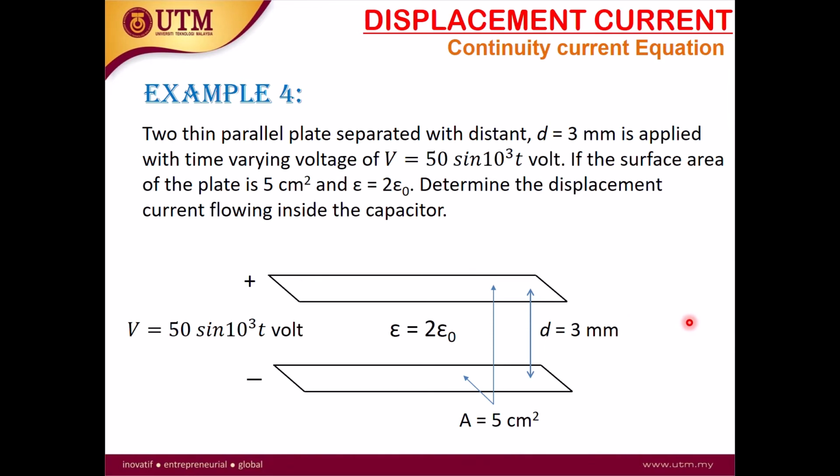Okay, in this case we have a capacitor supplied with a time varying voltage, so there must be a displacement current. You are given the surface area of the plate, the distance between the two plates, and the dielectric material between the plates, which is epsilon equal to 2 epsilon naught.